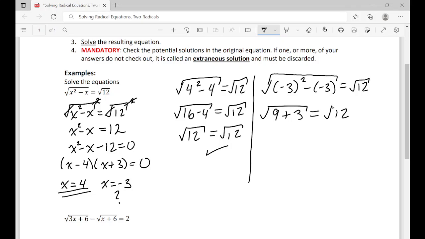And then add the inside, so root 12 equals root 12. This is again a true statement, so we know that negative 3 also works. So you actually have two answers, a positive 4 and a negative 3, for this equation.